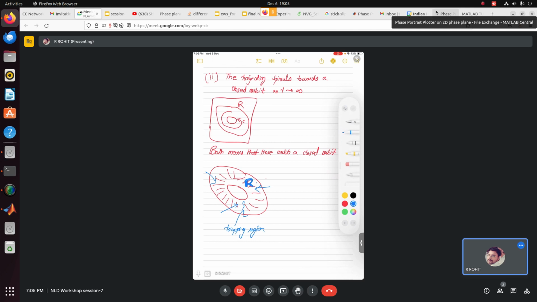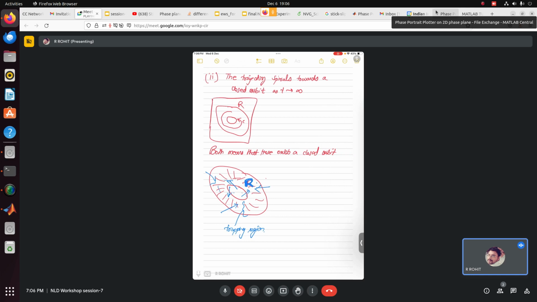A closed connected set such that the vector field points inwards everywhere on the boundary of R, then all trajectories in R are confined. So this means that you have only two ways, either you come towards it or you move in a circular path here.